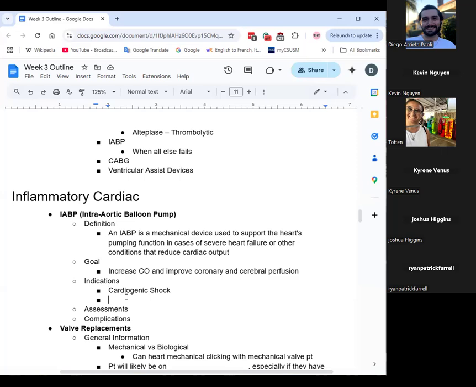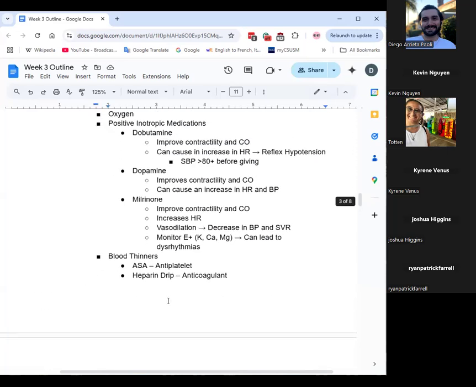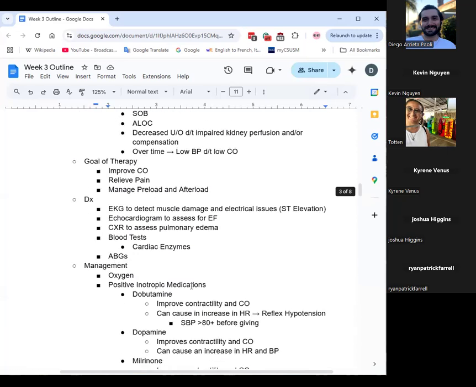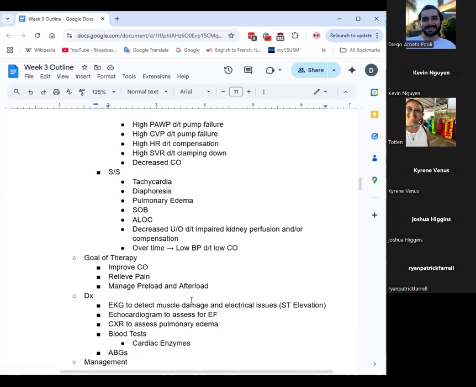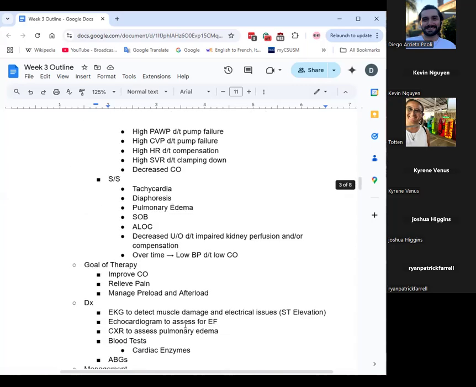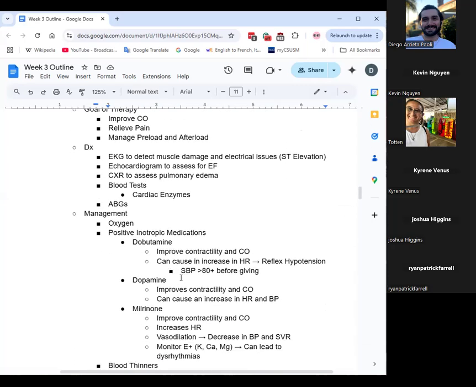I'll just write some of this down. It's like a bridge for the CABG, an in-between state until the CABG is done. If this person, for example, is having an MI or severe heart failure, they go into cardiogenic shock. We give them oxygen, we give them the medications, and we try our best to work with the Swan-Ganz and monitor their pressures.